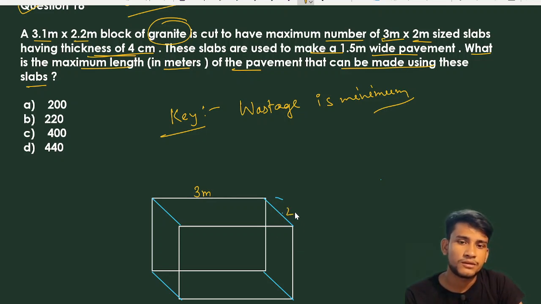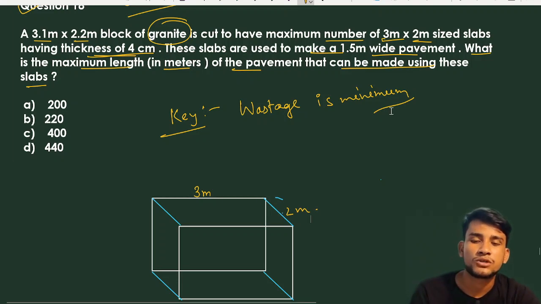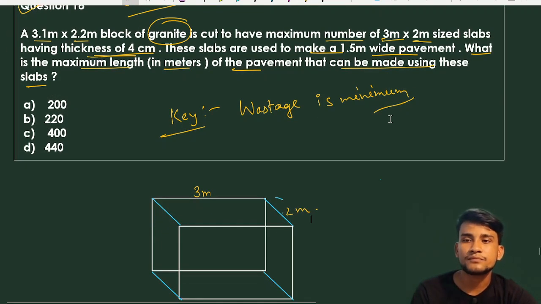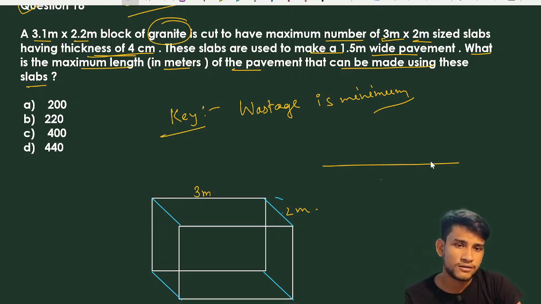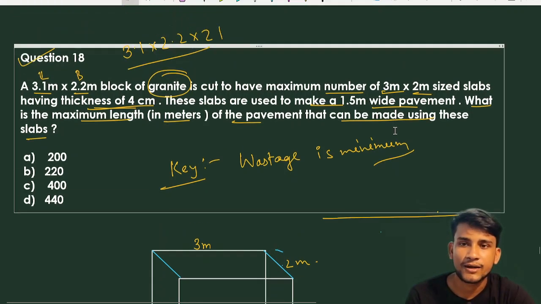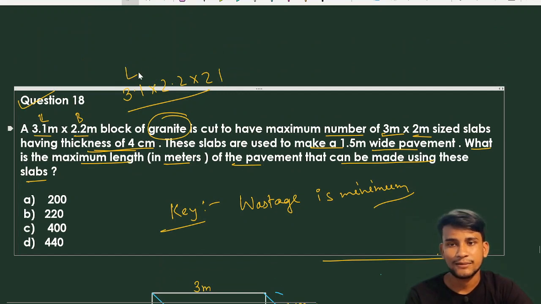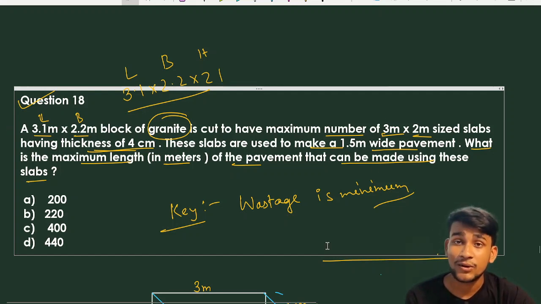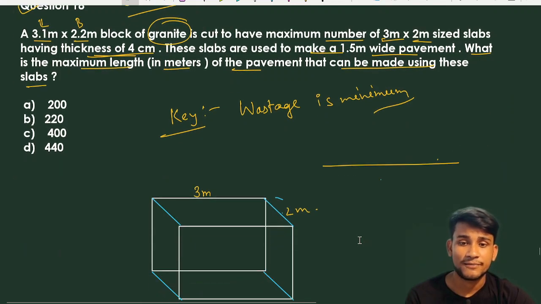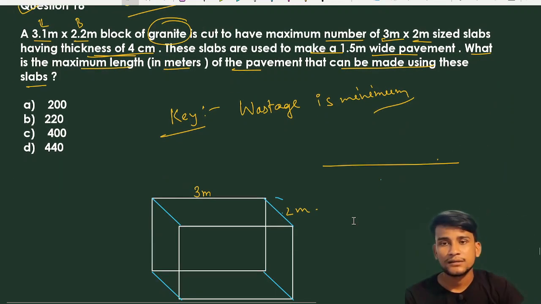So 3 meter into 2 meter, so if we take from 3.1, if you take this as length, this as breadth, and this as the height, then you make the question wrong. Okay, because you have to keep the wastage minimum.